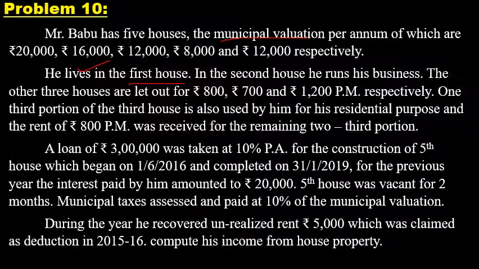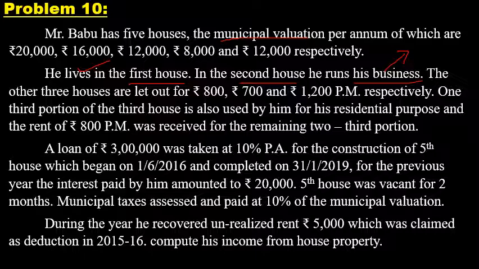In the second house, he runs his business. The second house is used by him for own business. If a house property is used for own business or own profession, then it won't be considered under income from house property.